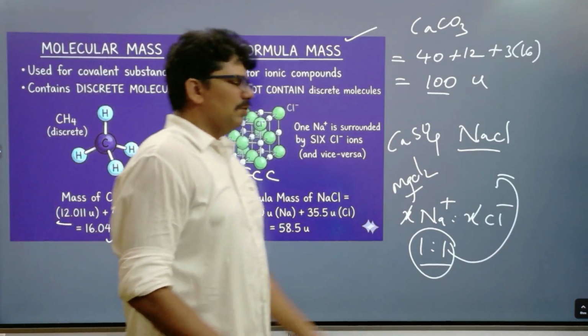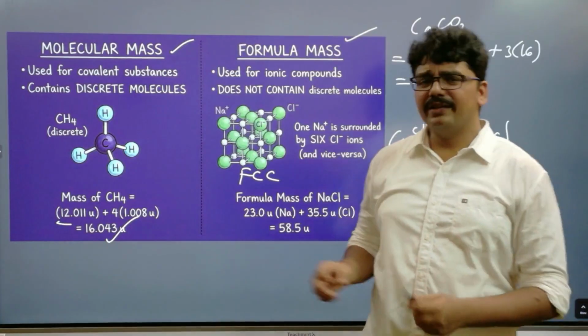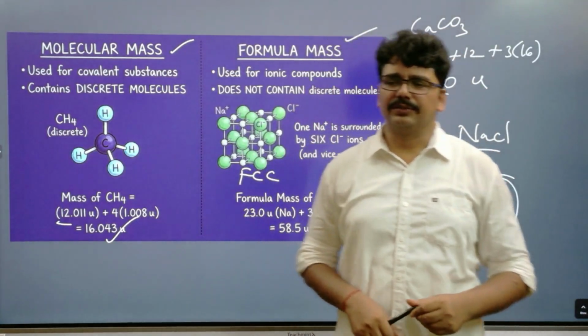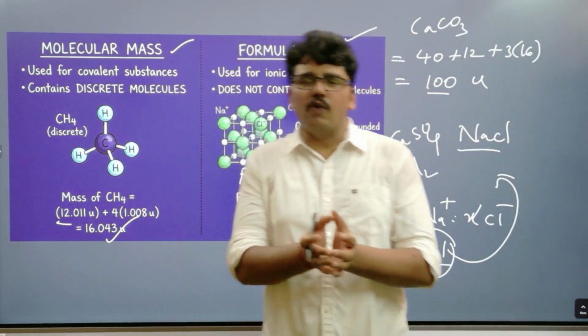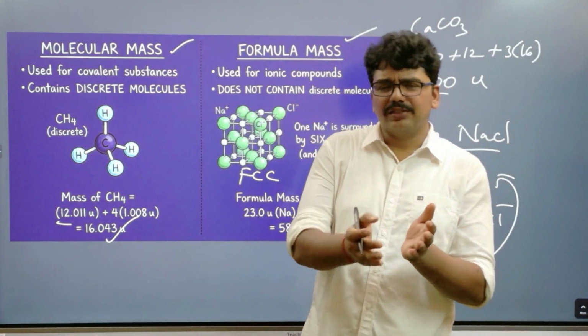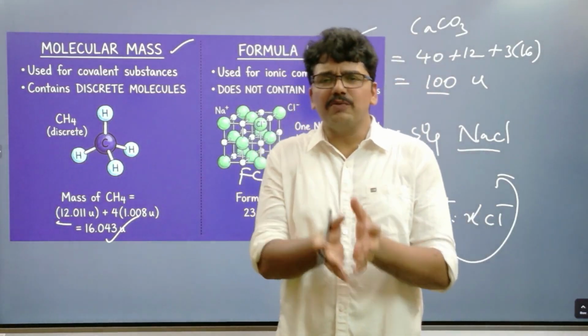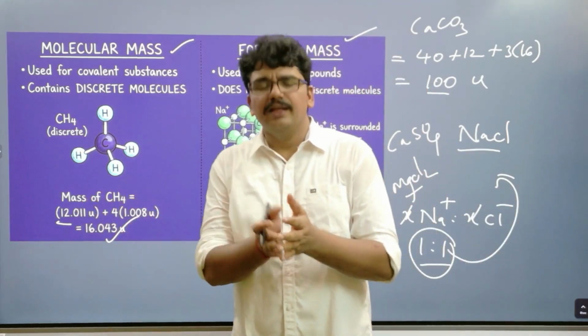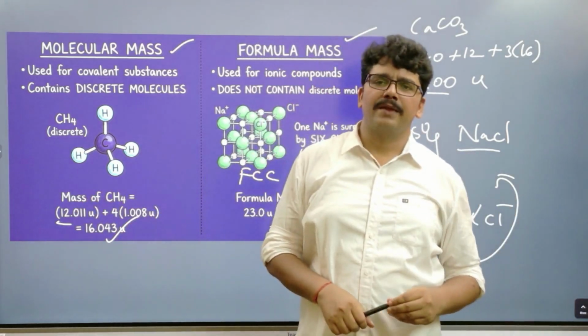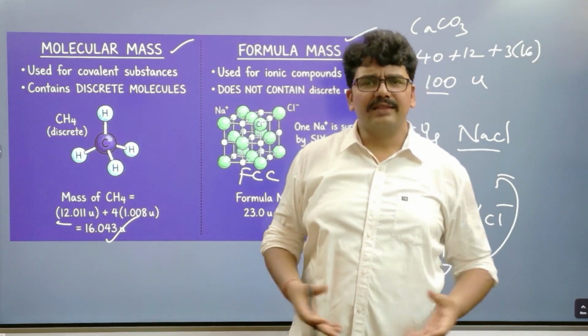So the main difference is that covalent compounds are discrete molecules. Take some amount of water. In the given amount of water, H2O, discrete, individual molecules are there. All these molecules are attracted by intermolecular forces. Take sulfur dioxide gas.